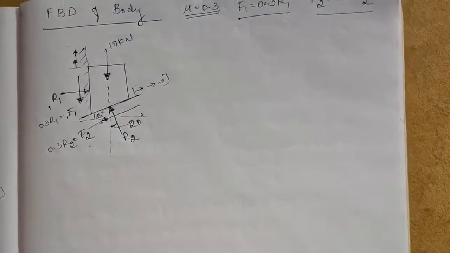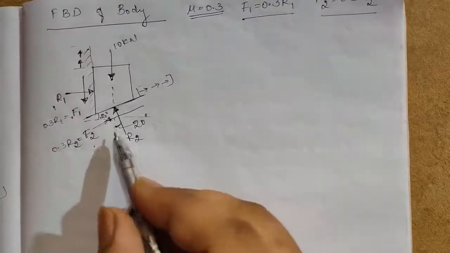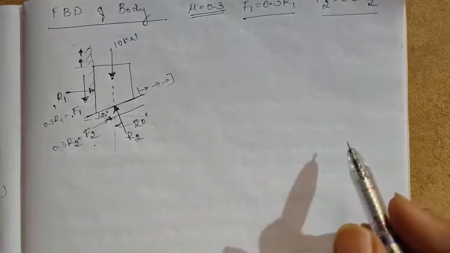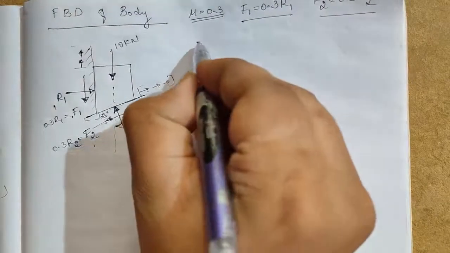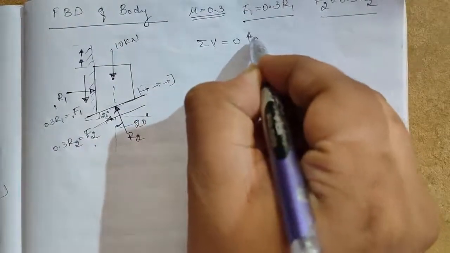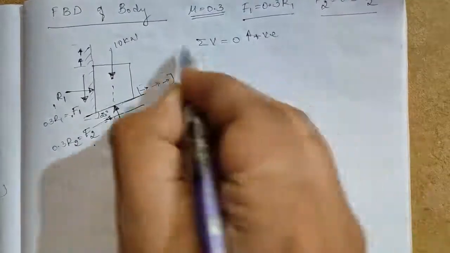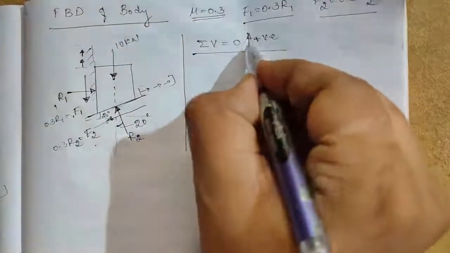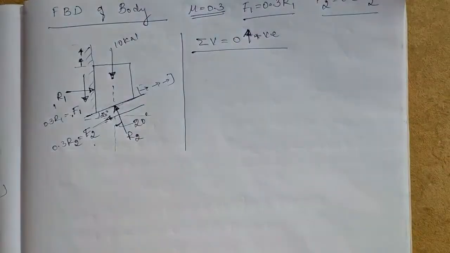Okay, now I can see more vertical forces than horizontal forces, right? So I will take first summation of vertical forces equal to 0, taking upward as positive. So all the vertical forces which are upward I'll take as positive.